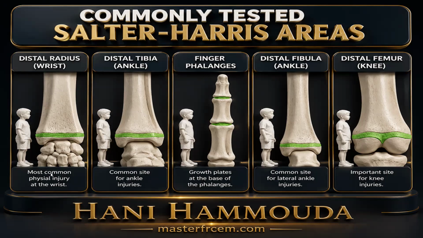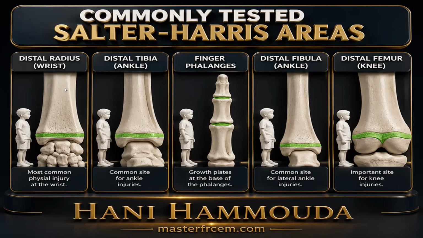So most common physeal injury at the wrist, common site for ankle injury, growth plate at the base of the phalanges, common site of lateral ankle injury, important site for knee injury. No need to explain in detail, but I'm explaining to you now.